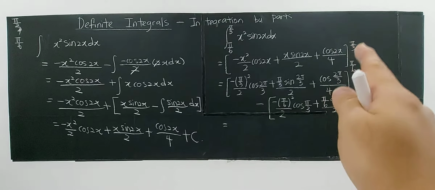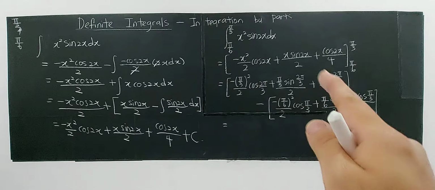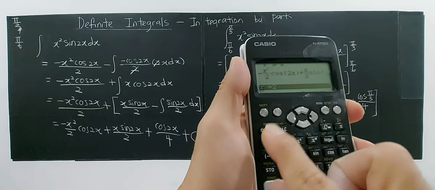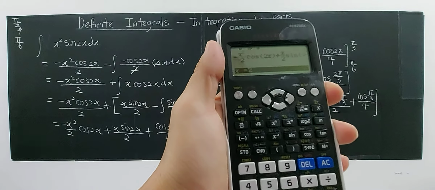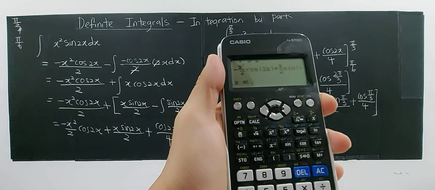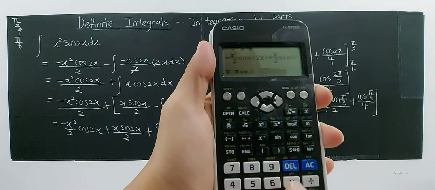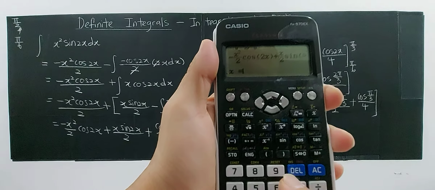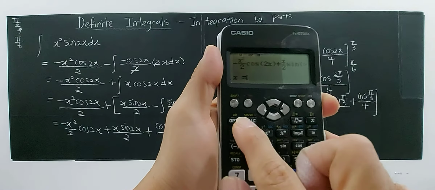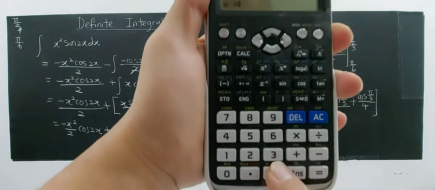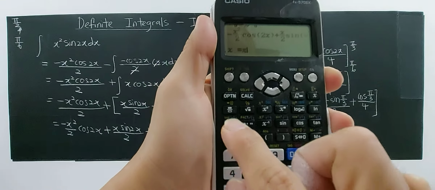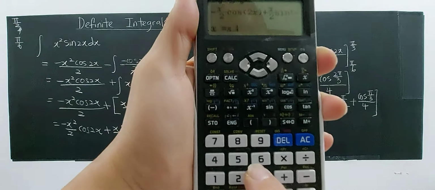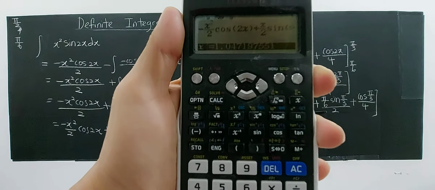So pi over 3 means I'm going to calculate pi over 3. So I'm going to key in calculate, shift pi over 3.